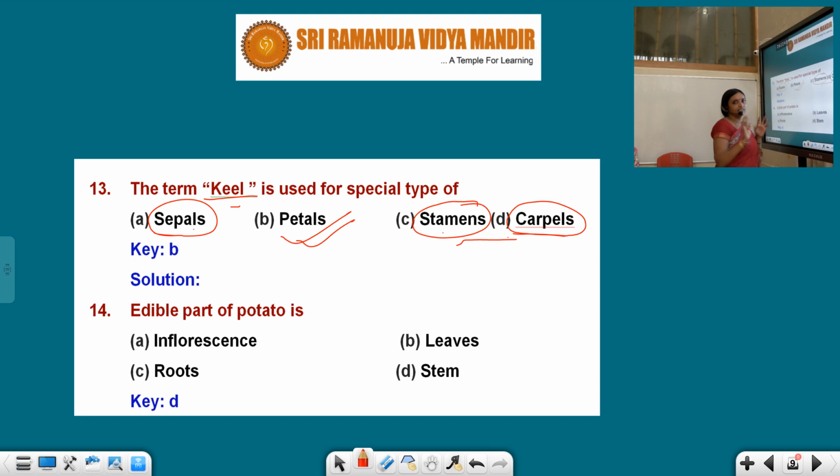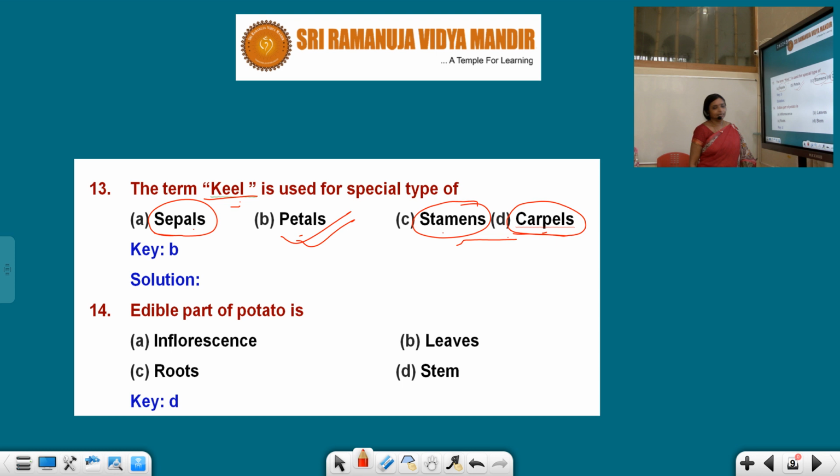Another name for keel petal is carina, which we observed in the Papilionaceae family, in the Fabaceae family, in the pea plant I explained. So the term keel is used for which organ? For corolla, not for carpel. C for corolla and C for carpel, don't go for carpel. Individually the corolla is called petal. So keel is used for petals. So the answer is B.